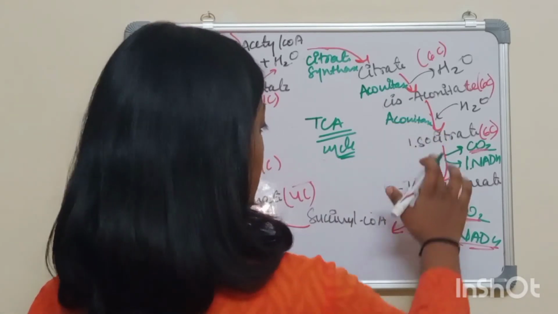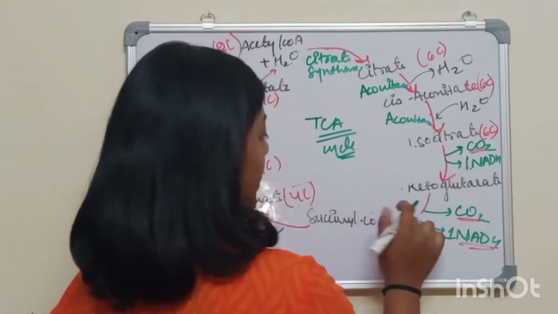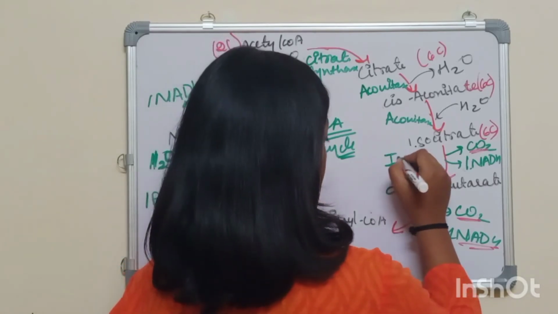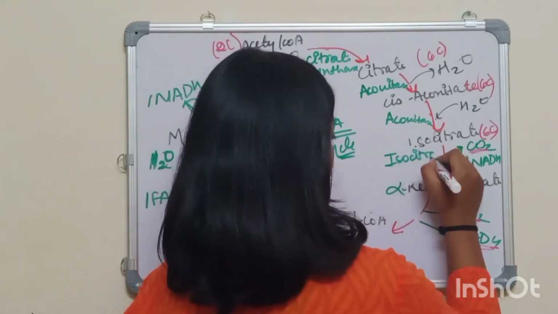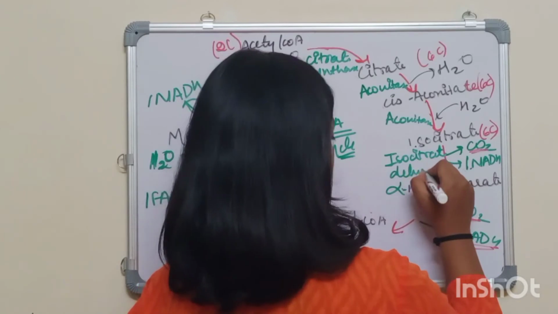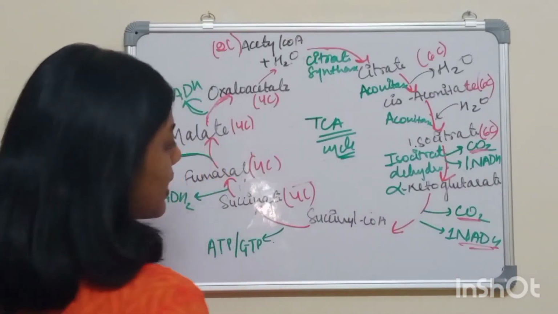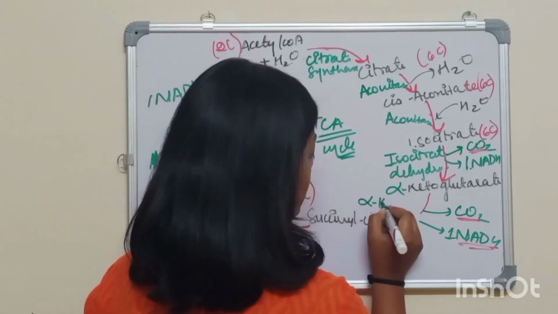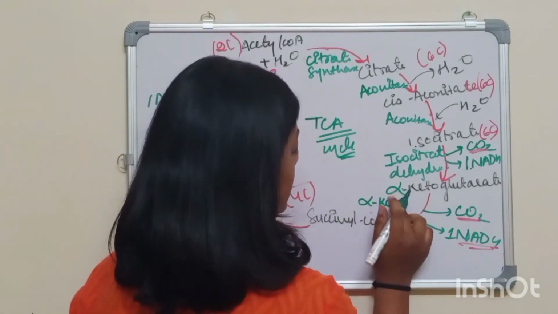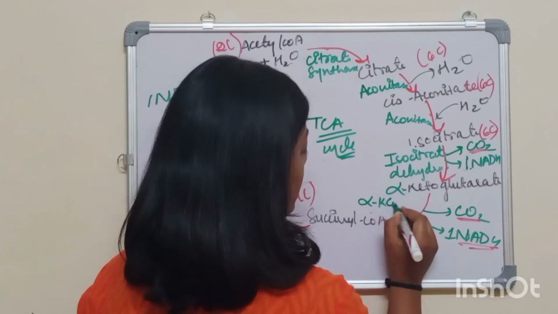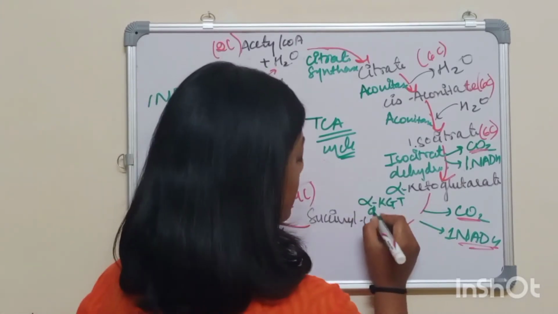Okay. Now alpha ketoglutarate is produced by the enzyme isocitrate dehydrogenase. Now alpha ketoglutarate is converted to succinyl CoA by the enzyme alpha ketoglutarate dehydrogenase.